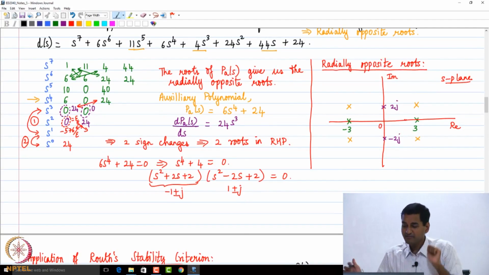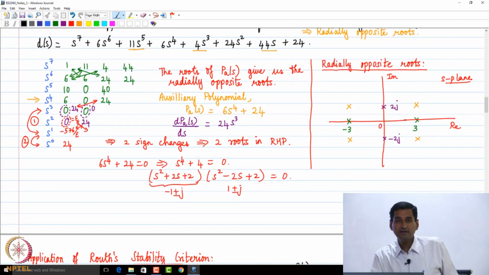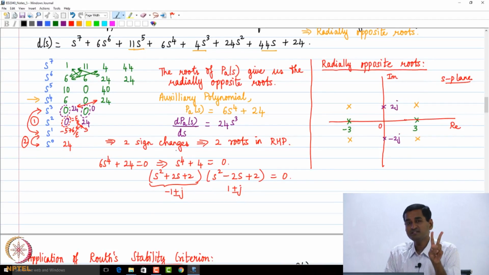Let me repeat it. I hope the construction of the roots array is clear, and all of us can agree that there are 2 sign changes. 2 sign changes means there are 2 roots in the right half plane. Please pay attention. The auxiliary polynomial is of 4th order, so you are going to have 4 radially opposite roots.